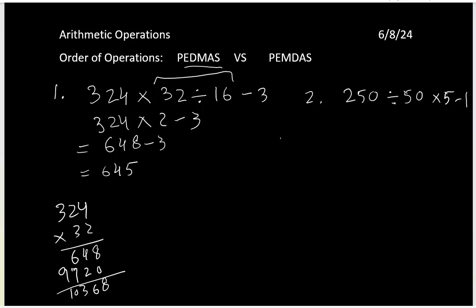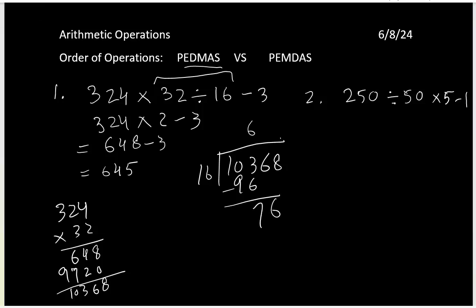Now you have to divide 10368 by 16. So you can go here 6 times. That gives you 96. Now subtract. So now we are subtracting 96 from 103, and that gives me 7 here.